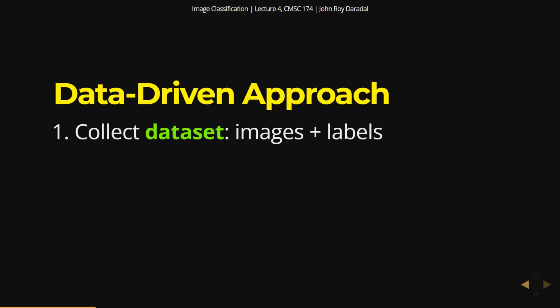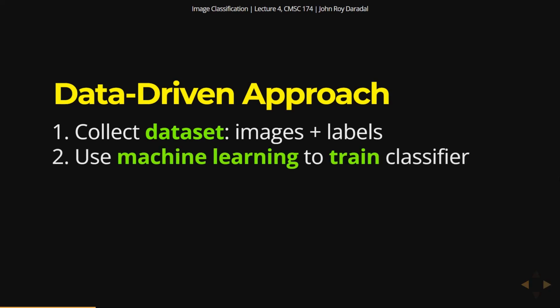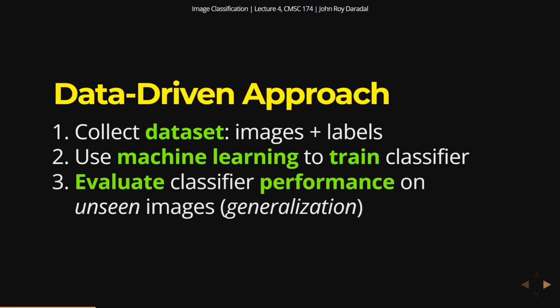Okay, so what we will do is we will collect a data set for the intended classes. We'll have images of different classes, and of course their labels. So we need to label these images, like this image is an image of a cat, this image is an image of a dog. Then we'll use machine learning to train our classifier, and after we train our classifier, we will evaluate its performance on unseen images to make sure that it really has learned something and can generalize even to images that it hasn't seen before.